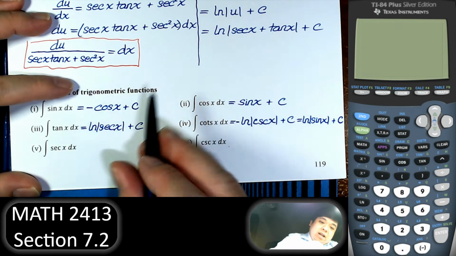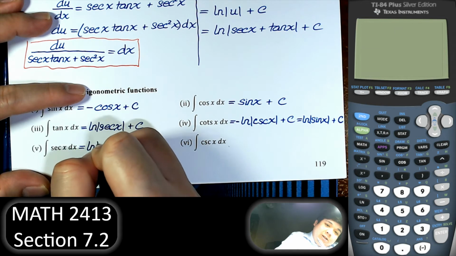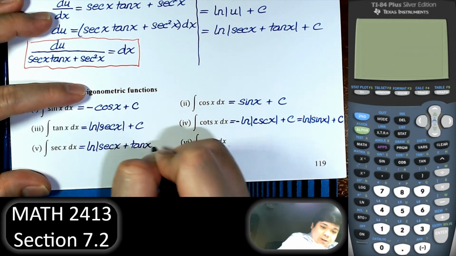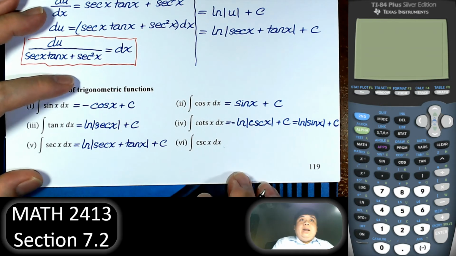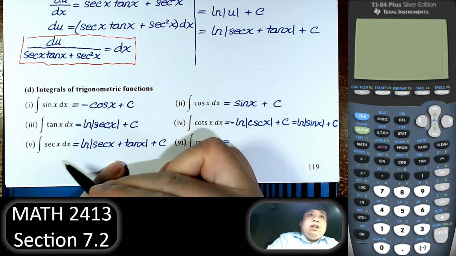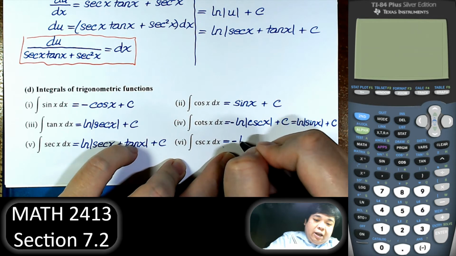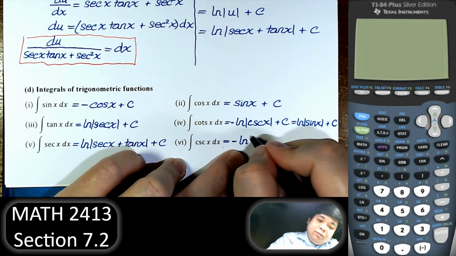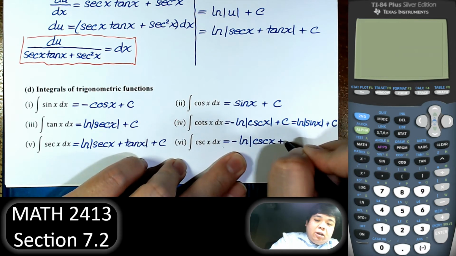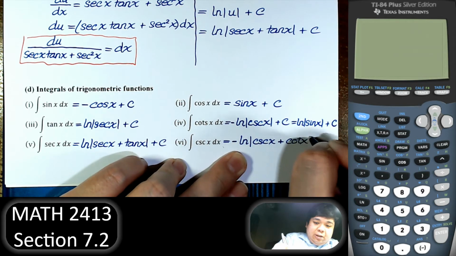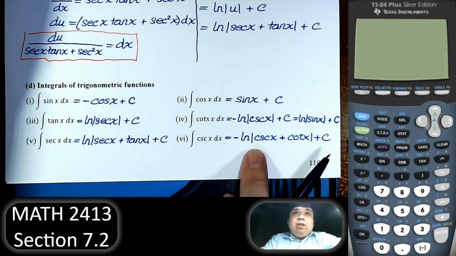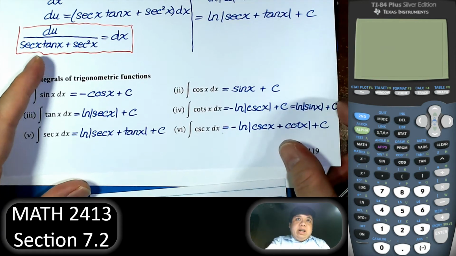Integral of secant, we did that. And integral of cosecant: secant is that, cosecant is negative ln of cosecant x plus cotangent x. However, there's more to it. Usually they try to get rid of the negative too.